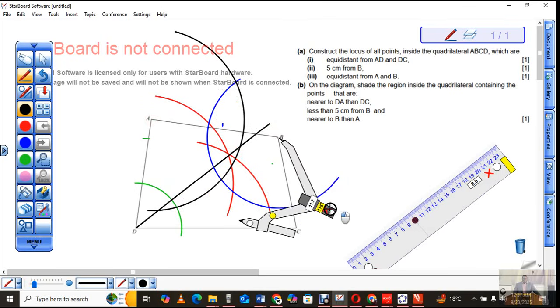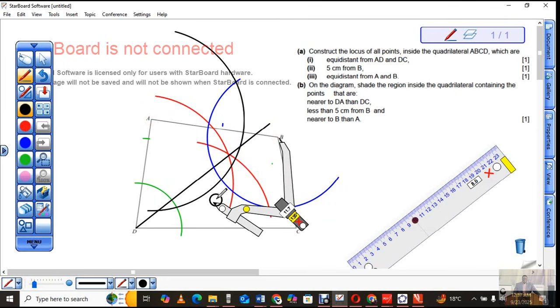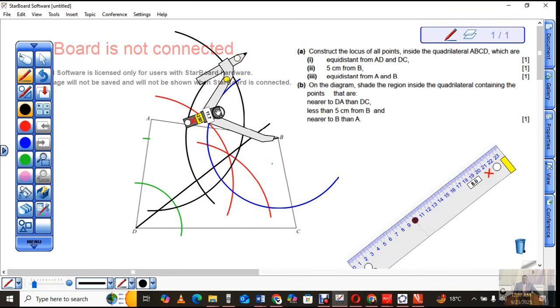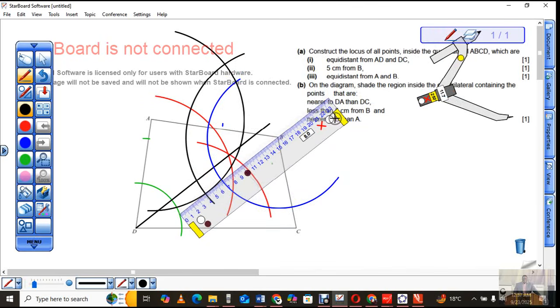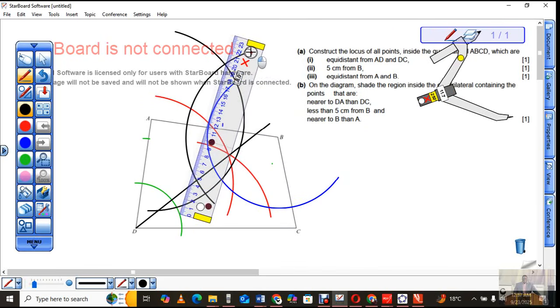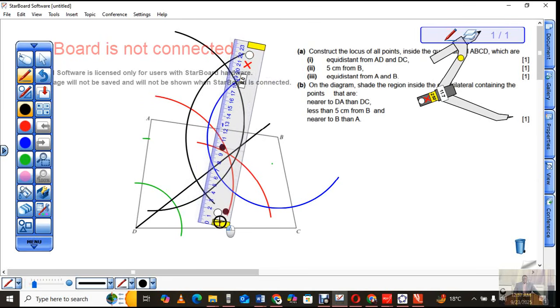So what I'm doing is trying to bisect the black line here. I'll just have to be very quick to see where that line is intersecting with this one over there. And this one maybe slightly to that side.